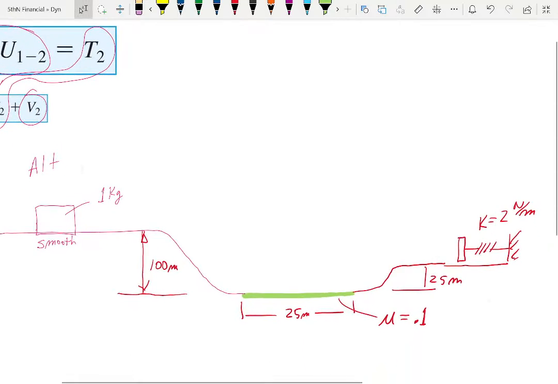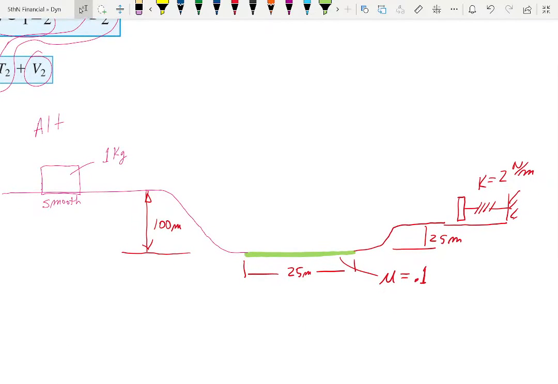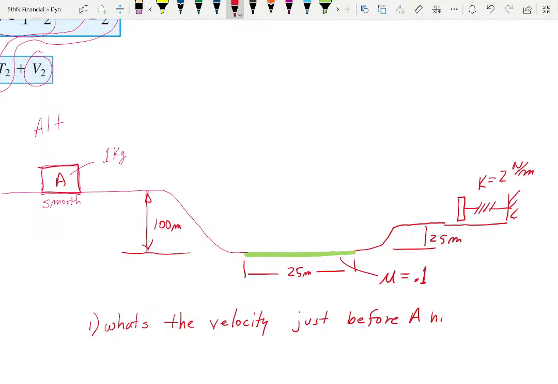So as you look at this problem, the inevitable question might come to you. Okay, 1, what's the velocity just before block A hits the spring? 2, what's the maximum deflection of the spring?